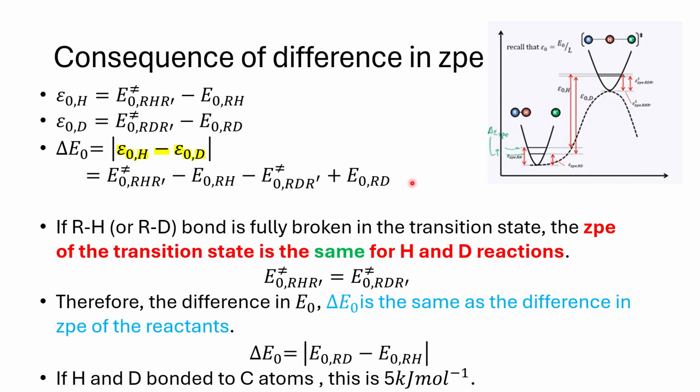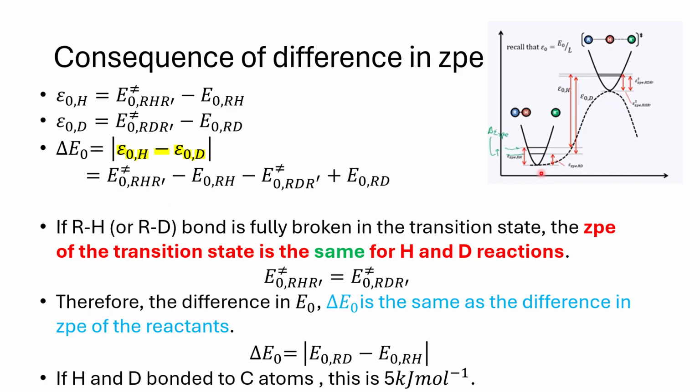How does the difference in zero-point energy we just calculated translate into the difference in activation energy for the two isotopically labeled reactions? We have the reaction profile in this figure, where we have the energy for the reactant as well as the energy for the activated complex.